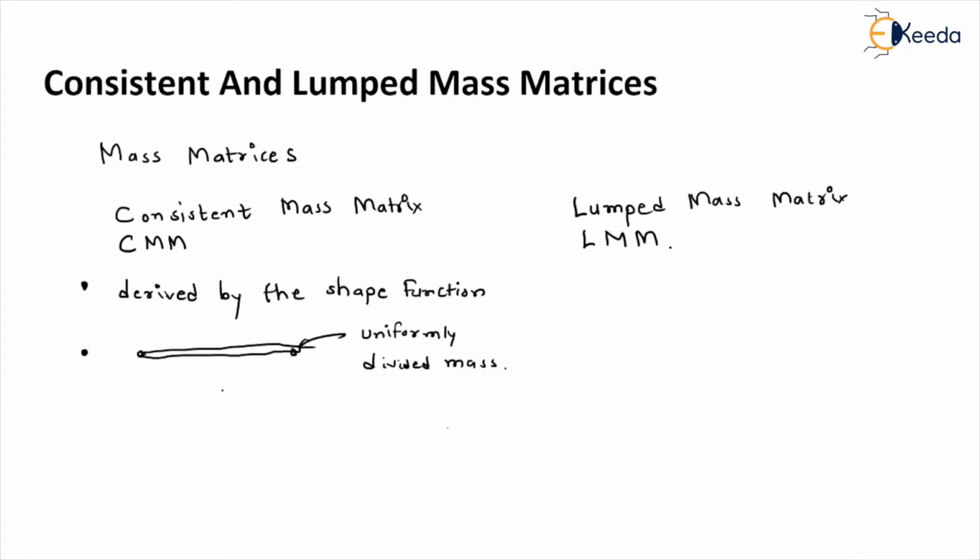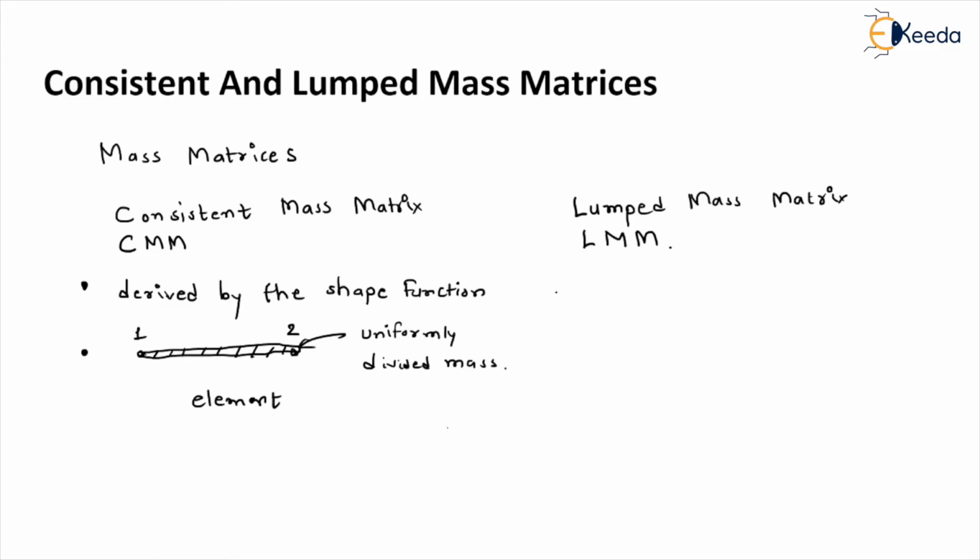So this is my element which has two nodes 1 and 2, and on this element my mass is throughout the same, so it is uniform throughout my element. So that's why it is consistent mass throughout the element, that's why it is known as consistent mass matrix.